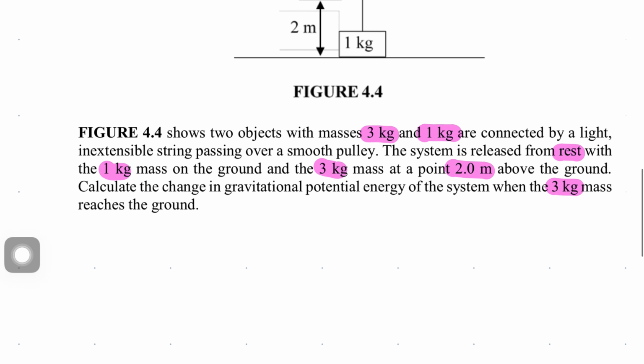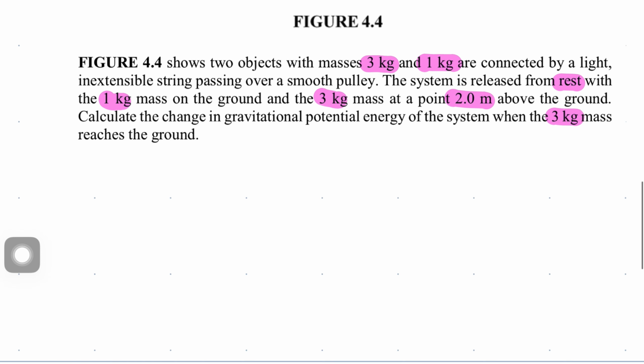So if you draw the diagram initially, I'm going to redraw the diagram. Two masses, all right. I'm going to redraw again. A square, and then I'm going to copy this one, the square. So this is the initial one.